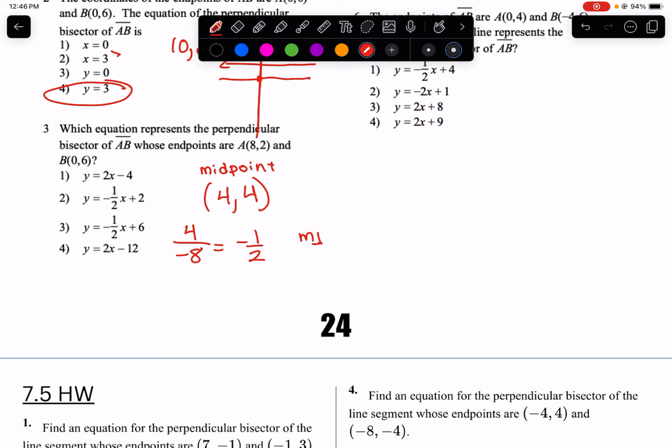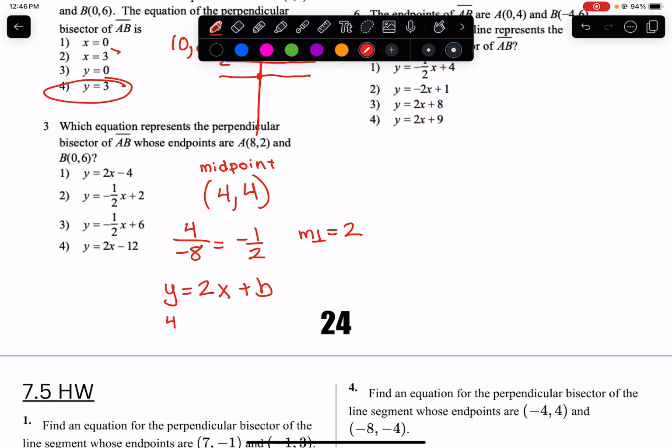So the slope perpendicular is going to be positive 2. So we have y equals 2x plus b. And we know it has to go through 4, 4. B will end up being negative 4. So our answer should be number 1.